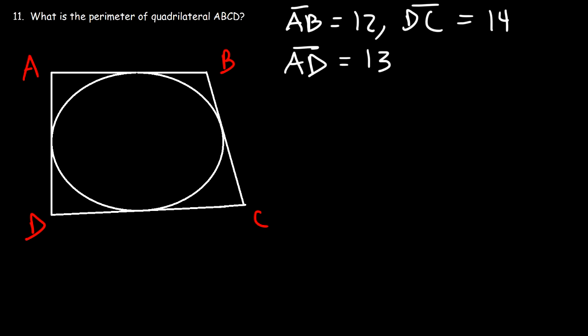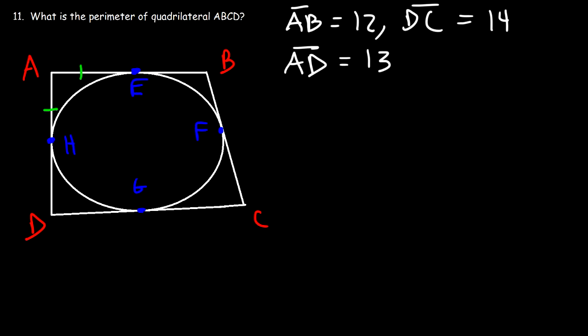Well, first, let's identify the 4 points of tangency. Let's call this point E, F, G, and H. Let me put these letters inside of the circle. Now, we need to know that AE and AH are congruent.